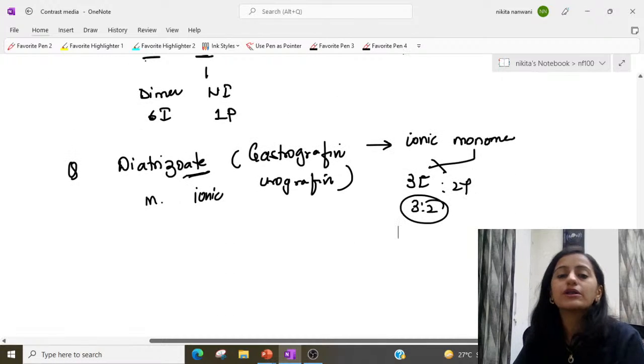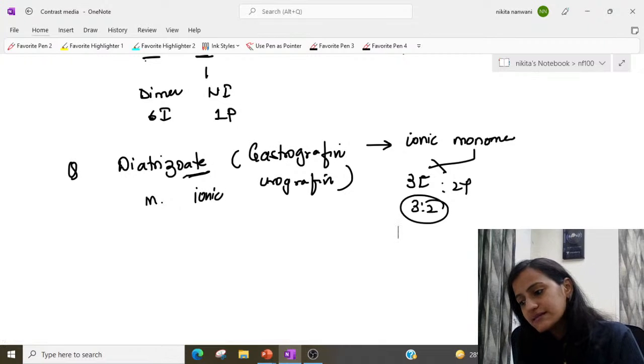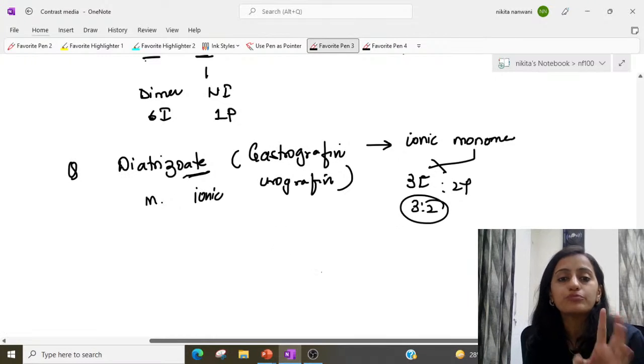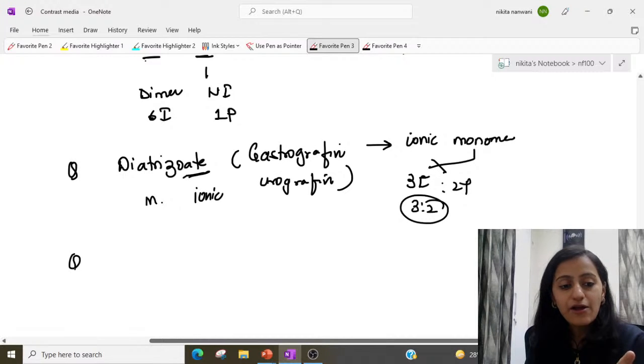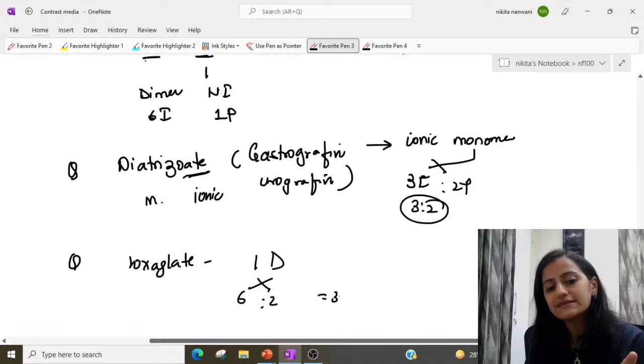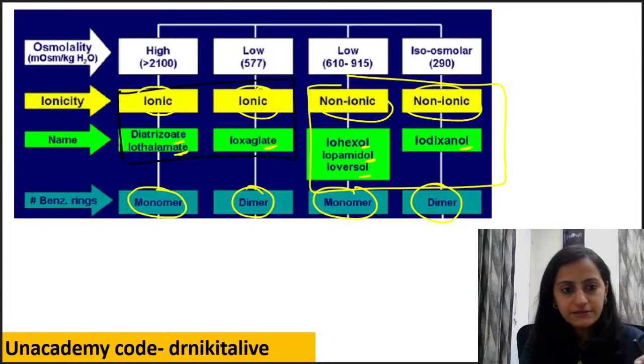Is that clear with everyone? Ioxaglate is the one which is the ionic dimer, so it will give 6:2, that is 3:1.